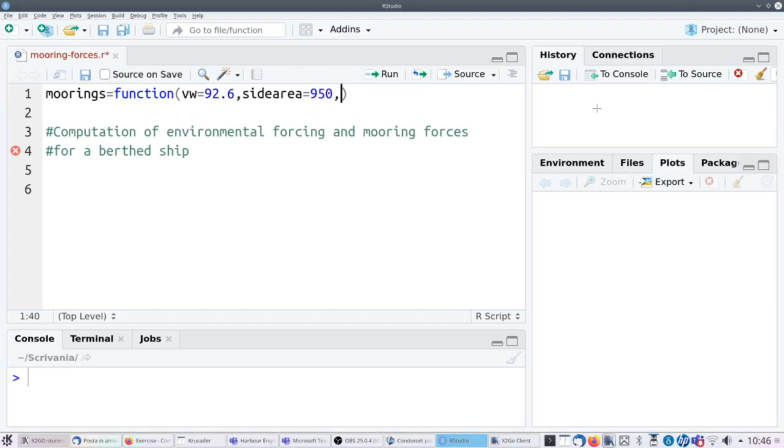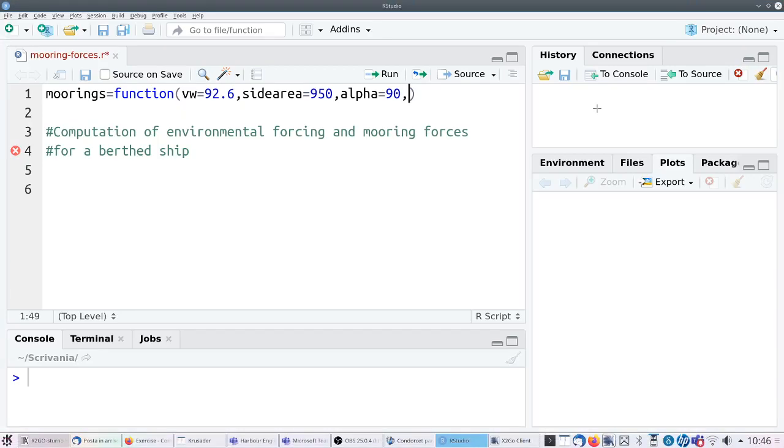Okay, and then another indication that I need is the angle alpha, which is 90 degrees. Alpha is the angle between the wind direction and the ship center line. It's 90 degrees.